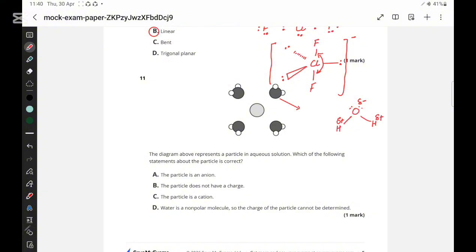So this one is representing oxygen, and as it has a partial negative charge, definitely that must need to be a cation which has a positive charge. So they are asking which is the particle, and you can say the particle is a cation.